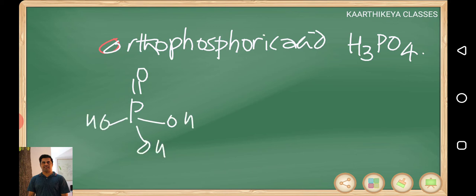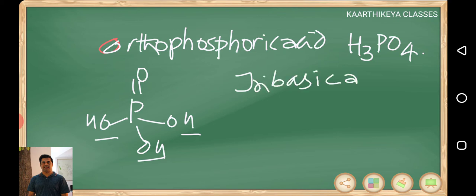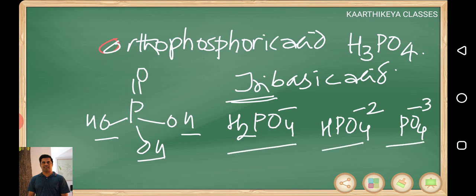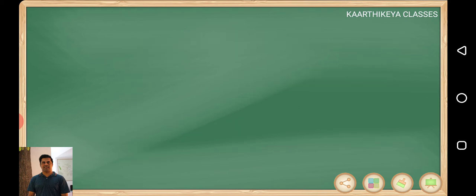What we see, there are 3 OH groups, so it is a tribasic acid, not a reducing agent. sp3 hybridization, tetrahedral, and the most important line is, as it is a tribasic acid, it can form 3 series of salts: H2PO4 minus, HPO4 minus 2, and PO4 minus 3. 3 series of salts are possible for this. All these lines you can explain on the basis of structure. Orthophosphoric acid. Next one, hypophosphoric acid.